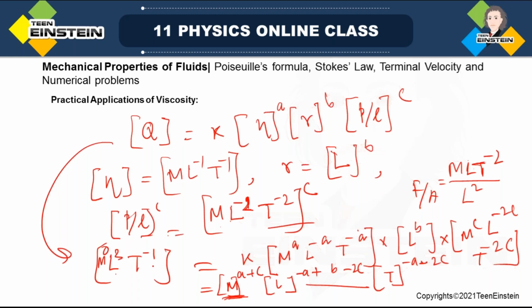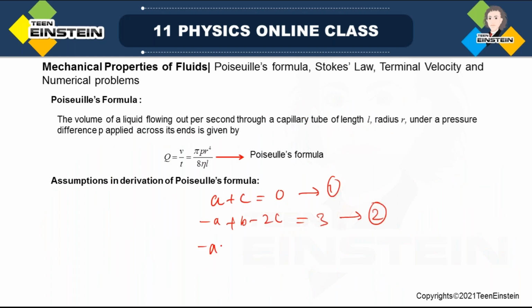And with t, we have minus a minus 2c is equal to minus 1. This is equation 3.